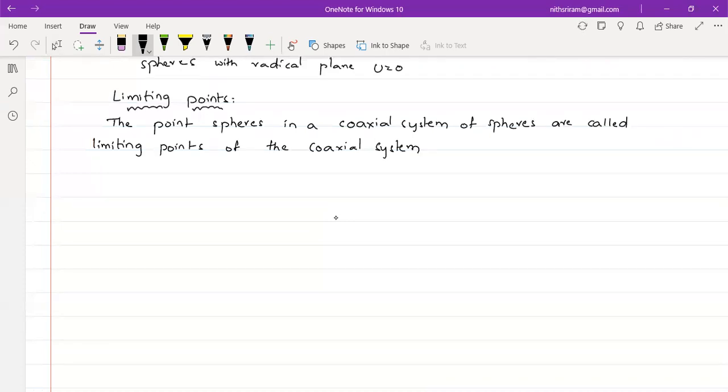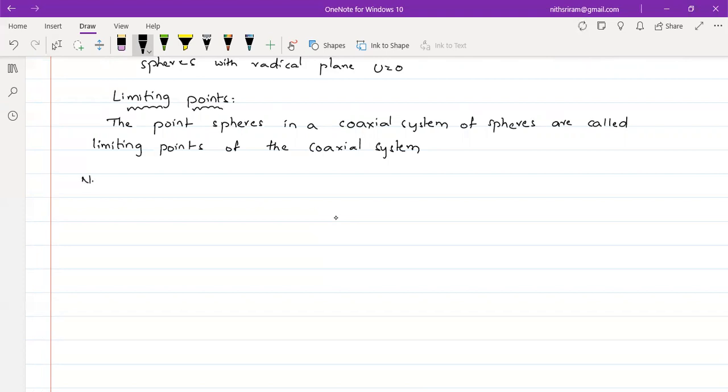The point sphere is nothing but a sphere with radius 0. Whenever the radius is 0, we say that the particular sphere is a point sphere. That is the definition of limiting points.